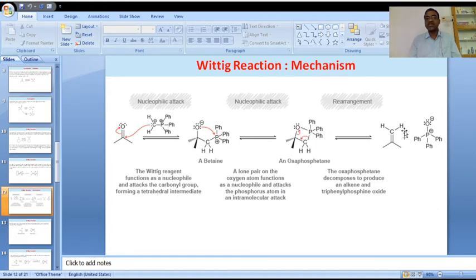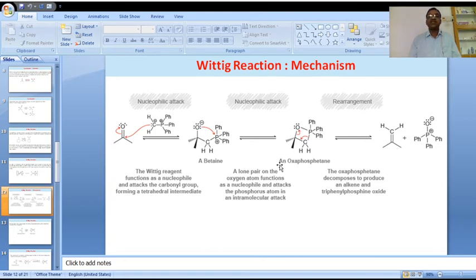This oxygen gets negative, and phosphorus loses electrons, so phosphorus gets positive. The negative and positive charged triphenylphosphine oxide is produced in this reaction. On the other side, please observe these two carbons: there is a formation of a double bond between them.